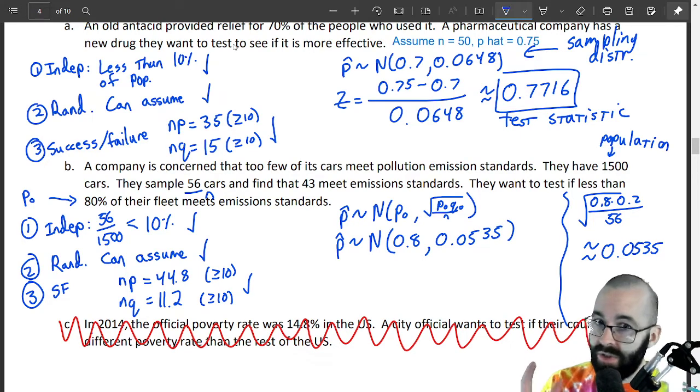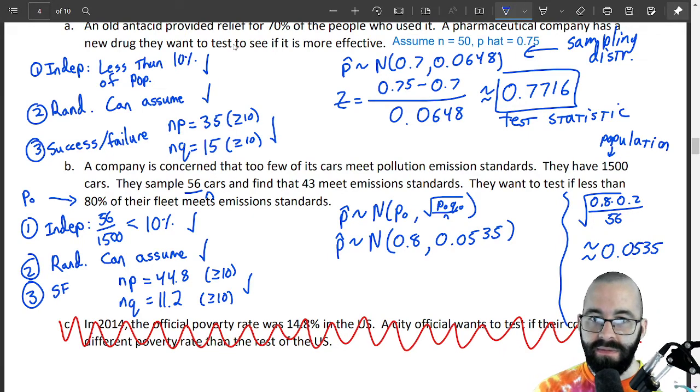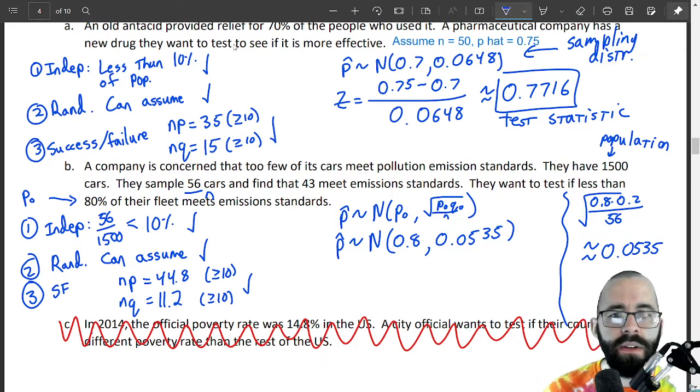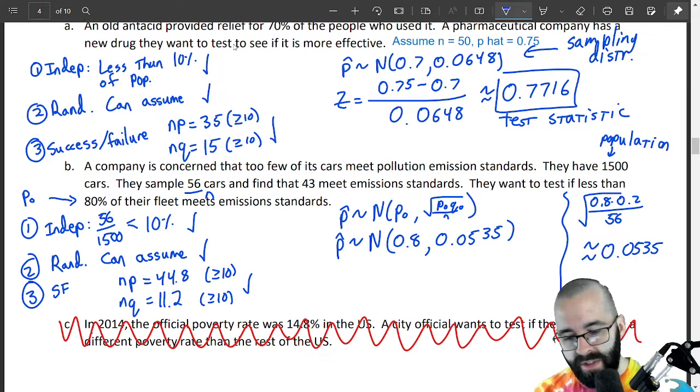On average, assuming our assumption is true, which is a big part of hypothesis tests, that assumption, every time we do this, it'll average about 80% plus or minus 5%. Okay, that's our sampling distribution.